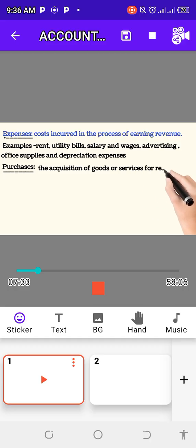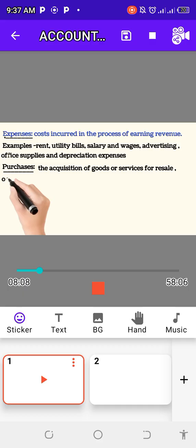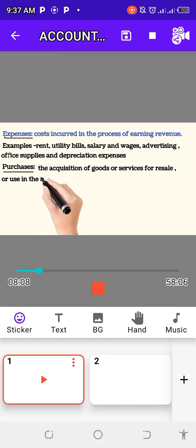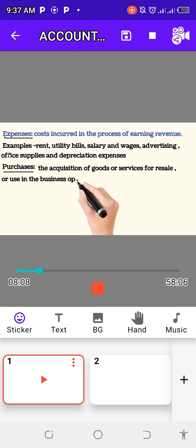Reselling them, or for resale, or for the purpose of these goods and services being used in the operation of the business. The acquisition of goods or services for resale or for use in the business what? Operation. That is purchase.